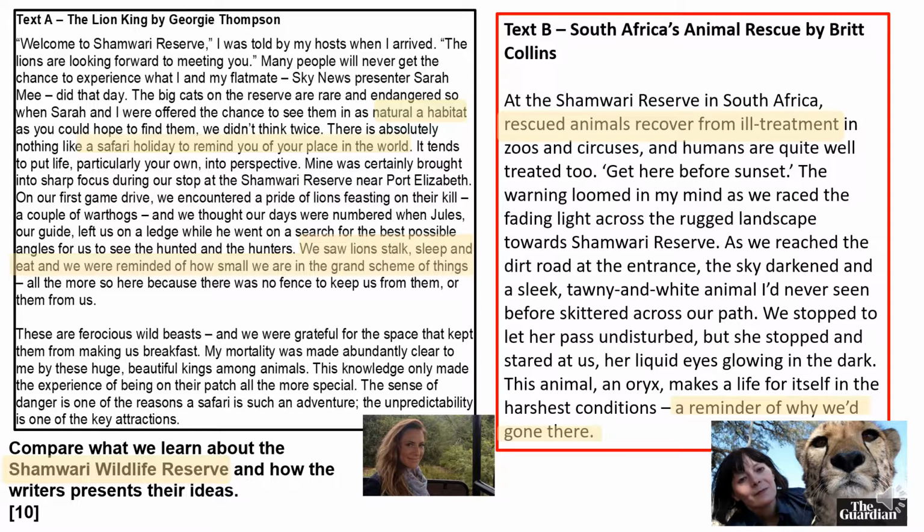Text B again talks about getting up close and personal with the animals, so we have a point of similarity here: a reminder of why we'd gone there when they see an oryx in its natural habitat. What's important here is you can see there's a balance between looking at each of the texts.